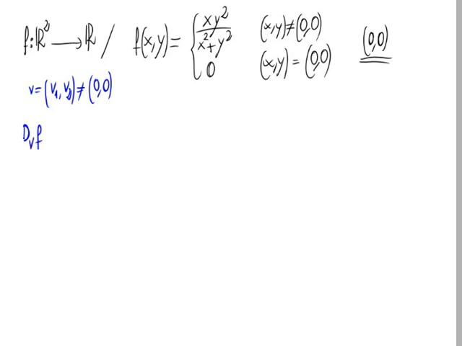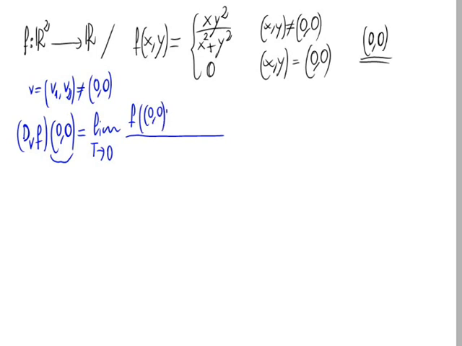The directional derivative of the function f in 0, 0 is, by definition, the limit when t approaches 0 of f of 0, 0 plus t times the vector v, that is v sub 1 and v sub 2, minus f of 0, 0, divided by t.